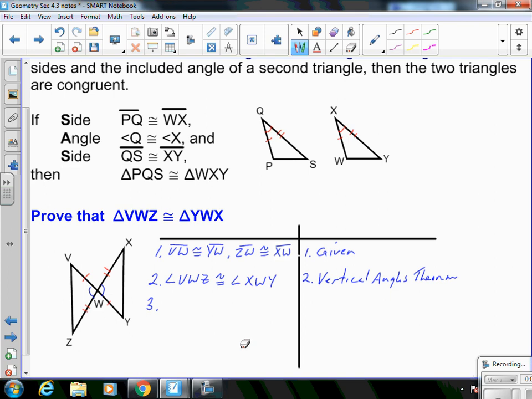So that's enough for us to say that triangle VWZ is congruent to triangle YWZ, and that's based on the side, angle, side congruence postulate.